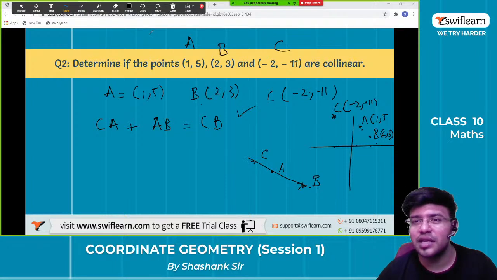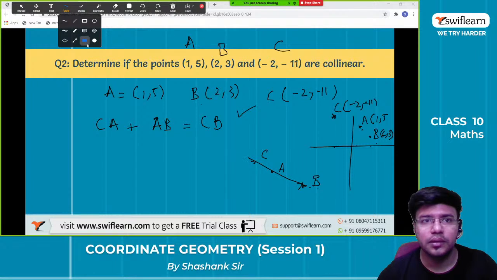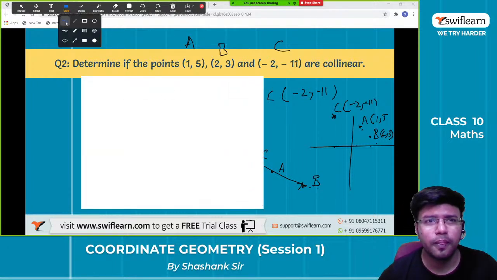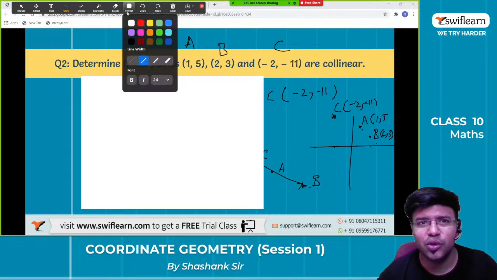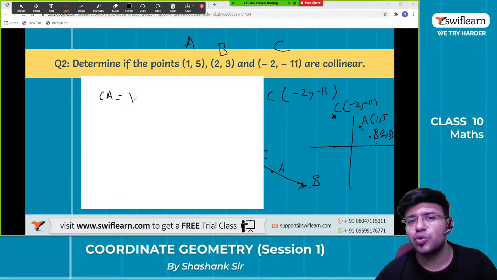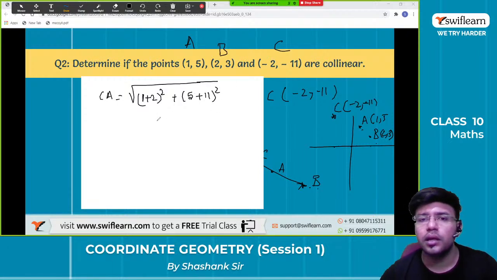Let us find CA. How much will that be? CA is the square root of x2 minus x1, that is 1, minus of minus is plus, whole square, plus y2 minus y1, minus of minus is plus, whole square.